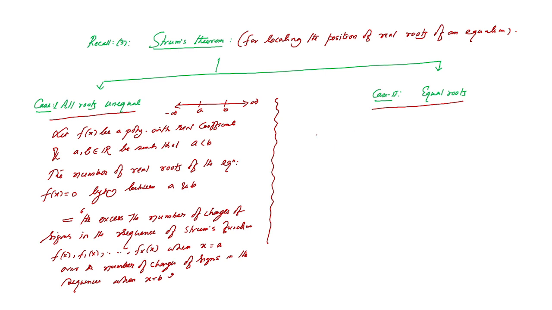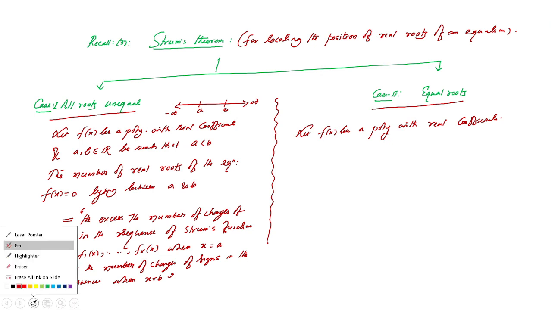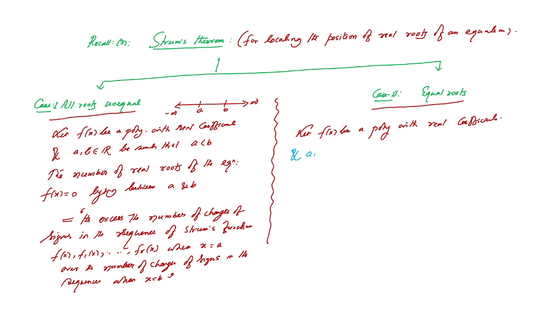But when roots are equal, on that case, what will be the Sturm theorem? Let f(x) be a polynomial with real coefficients, and a, b are real numbers with a less than b.